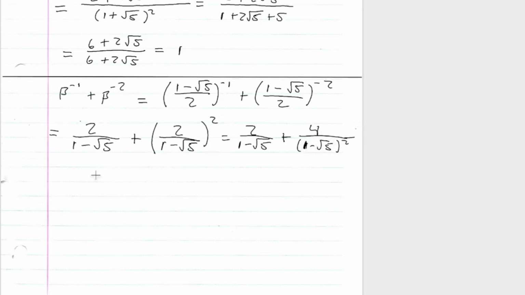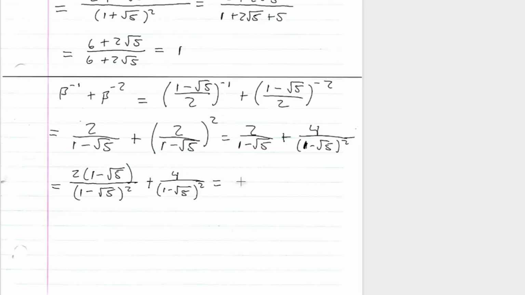And then we have to get a common denominator. So this is equal to 2 times (1 minus the square root of 5) over (1 minus the square root of 5) squared plus 4 over (1 minus the square root of 5) squared.